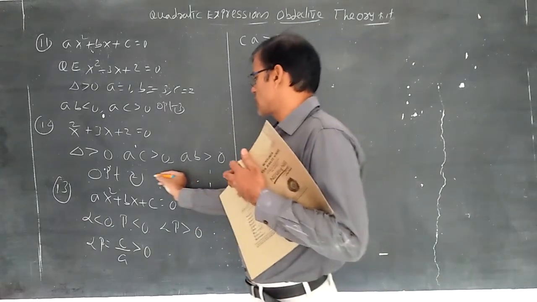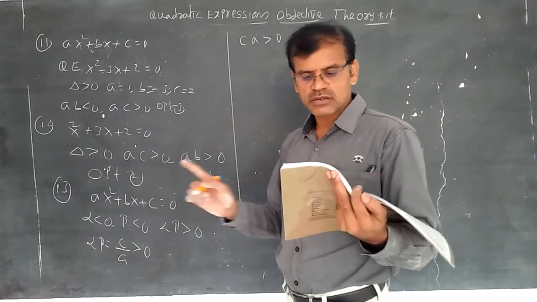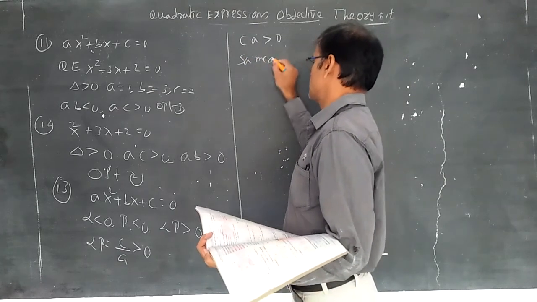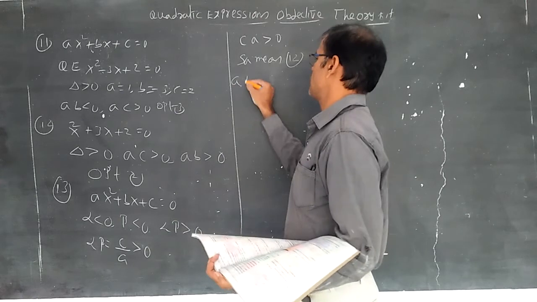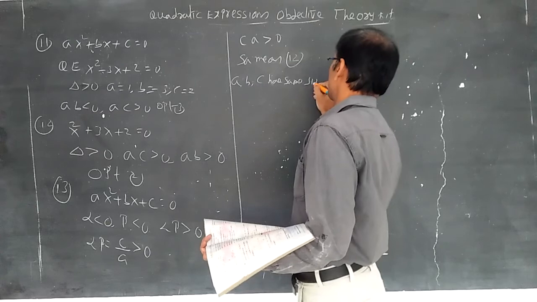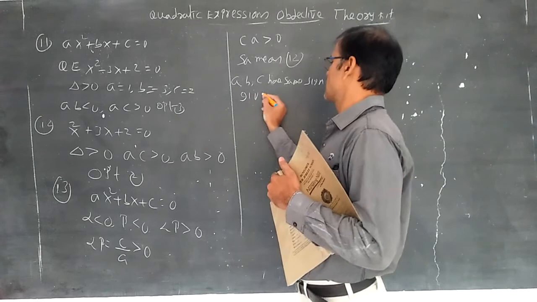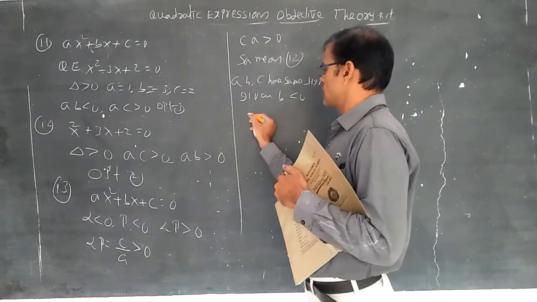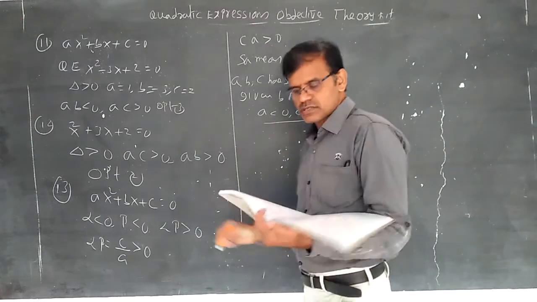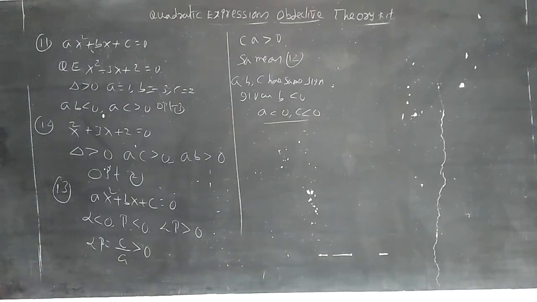So here we observed that whenever both roots are negative, a, b, c have the same sign, same as 12. Given b less than 0, therefore 100% a less than 0 and c less than 0, because minus into minus is plus. Now the 13th bit we have completed.